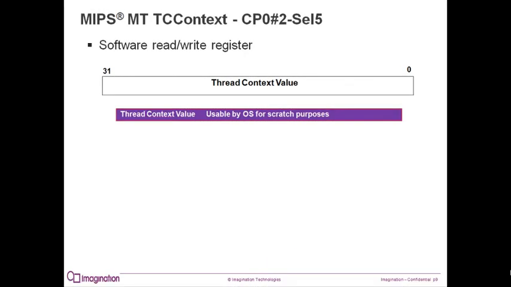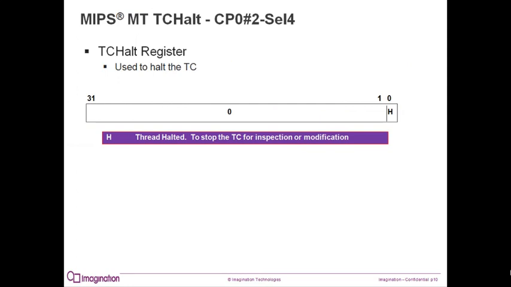The TC context register is purely a software read-write register. For example, it could be used by the operating system as a pointer to thread-specific storage. The TC halt register is used to control the fetching of instructions for a thread.